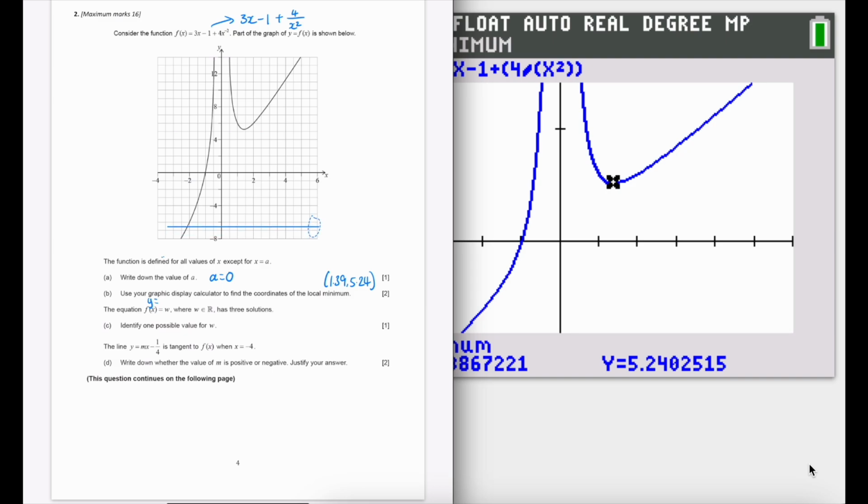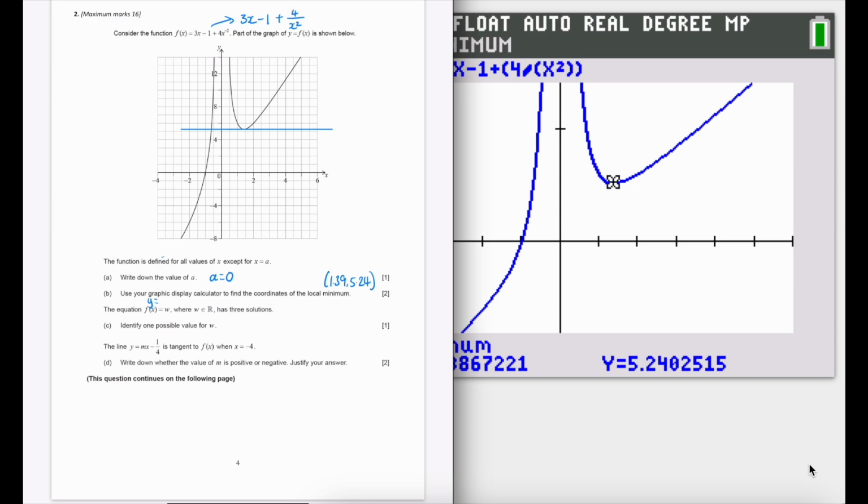So for example, just here, I know that I only have 1 solution. If I move it up to here, I still only have 1 solution. If I moved it up to here, I now have 3 solutions, 1, 2, 3. And at this specific minimum point, I know that I have 2 solutions.